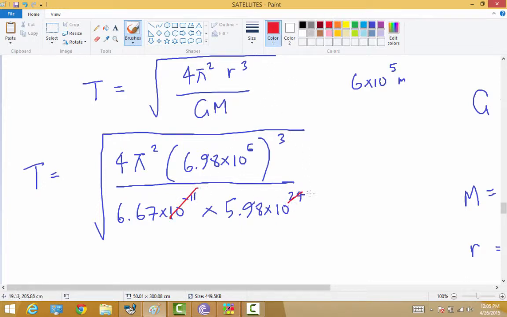The 10 to the 6 cubed gives 10 to the power 18, and the 10 to the negative 11 times 10 to the 24 gives 10 to the power 13. So 18 minus 13 gives 10 to the power 5, and I just have 6.98 cubed times 10 to the power 5. It has to come outside the bracket.